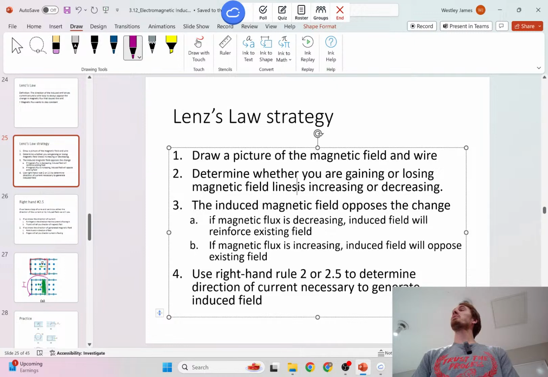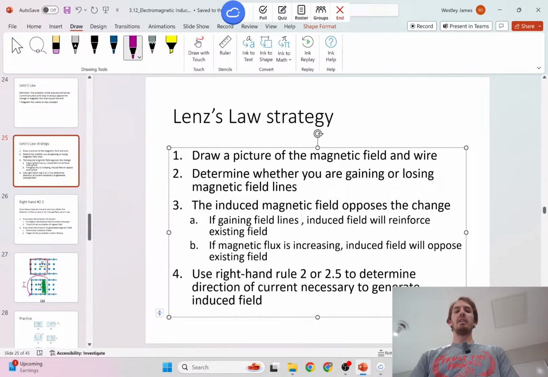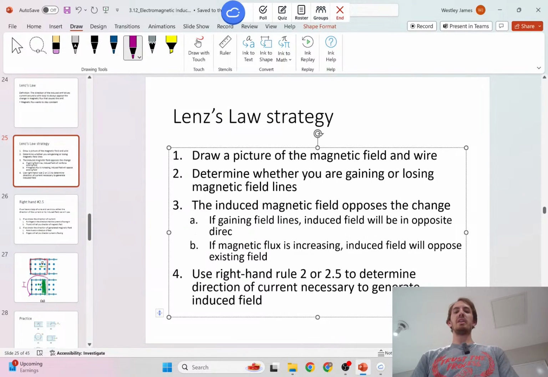Am I gaining or losing magnetic field lines? The induced magnetic field opposes that change. If gaining field lines, induced field will be in opposite direction.